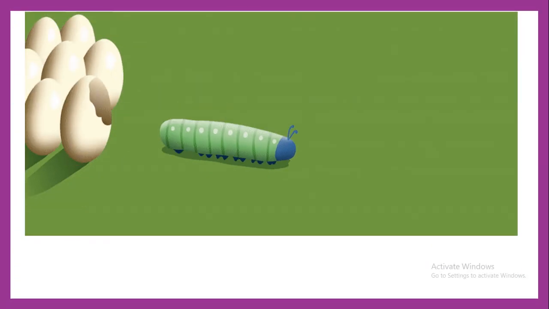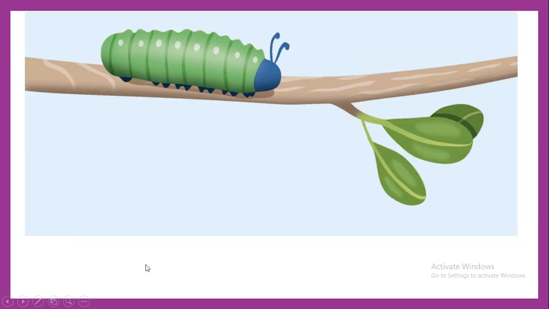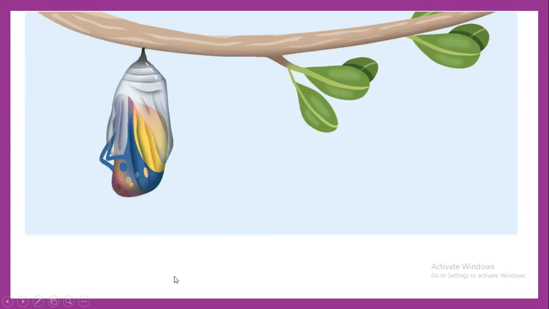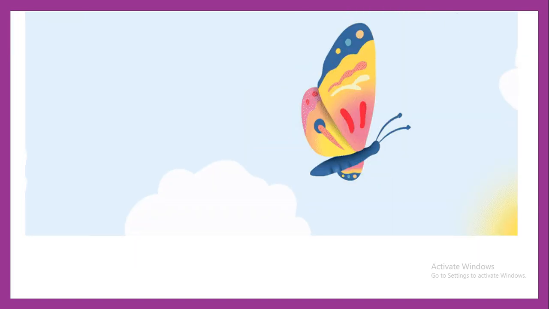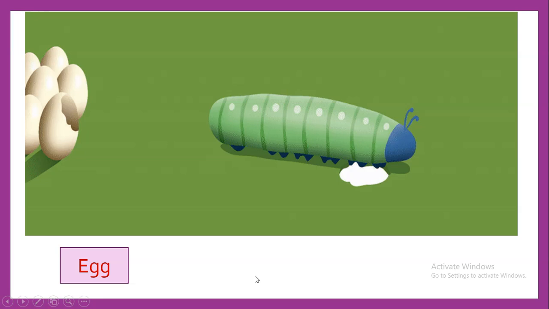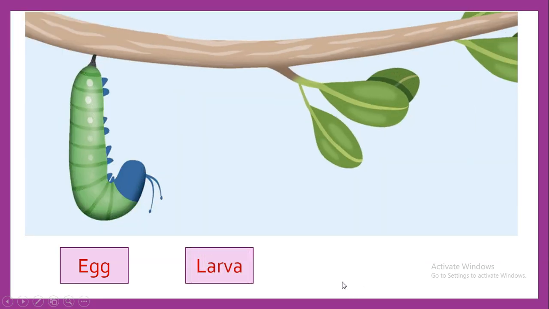Look at this short video. It's fast, right? Okay, so an adult butterfly lays its eggs on leaves, so egg. Larva hatches from this egg.